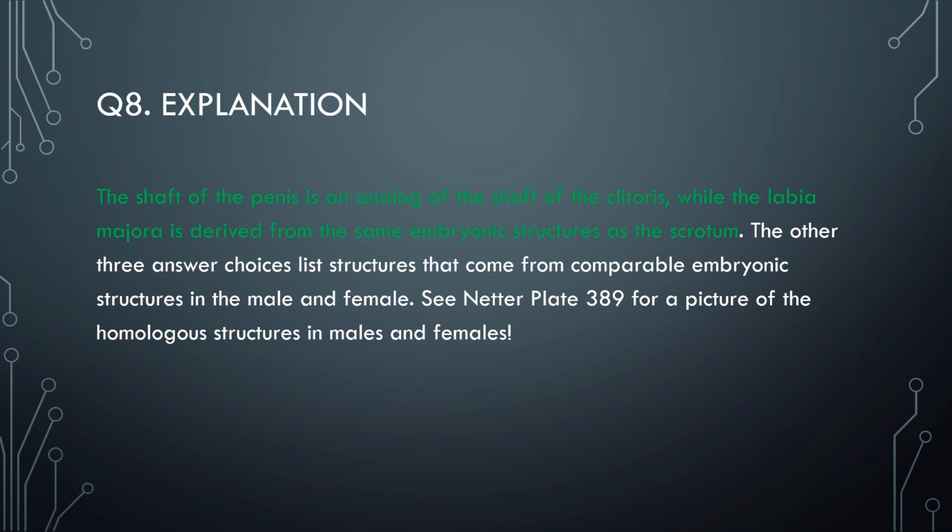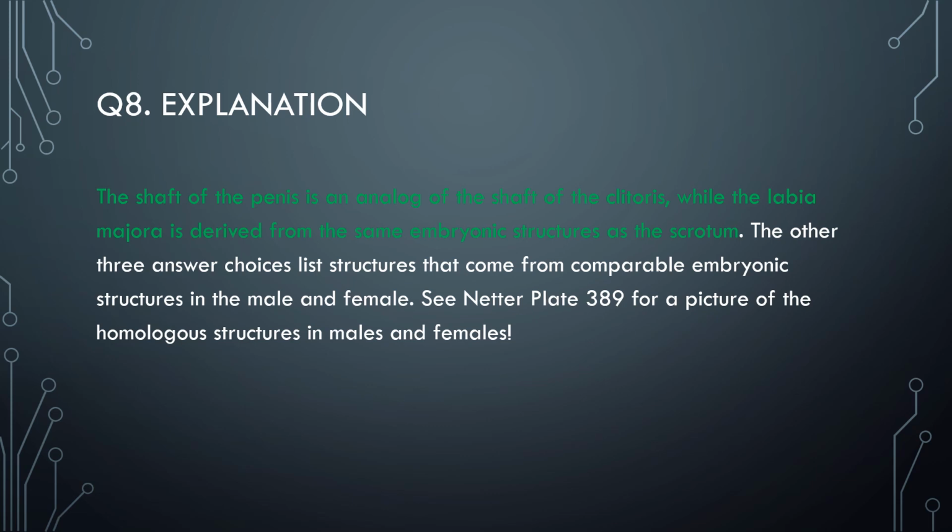The other 3 answer choices are structures that came from comparable embryonic structures in the male and female. For more explanation, you can use Netter's Atlas, Netter's book, plate 389 for a picture of homologous structures in males and females. I think you know Netter's book.